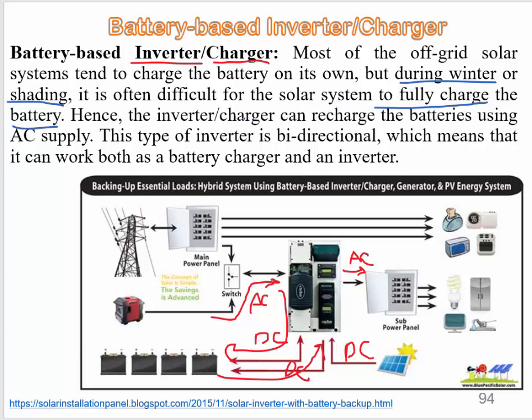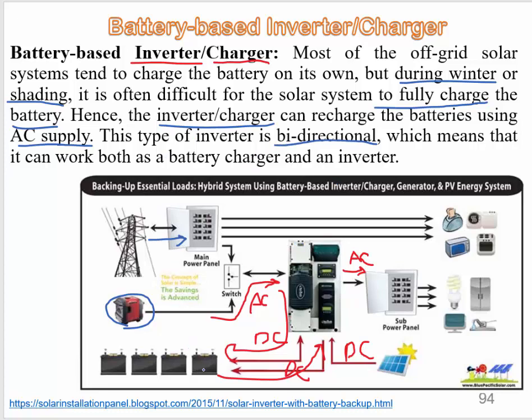Hence, the inverter charger can recharge the batteries using an AC supply. So we have two types of AC supplies. We can use an outside generator, or we can take the AC current from the grid directly to the main panel, then to the inverter.